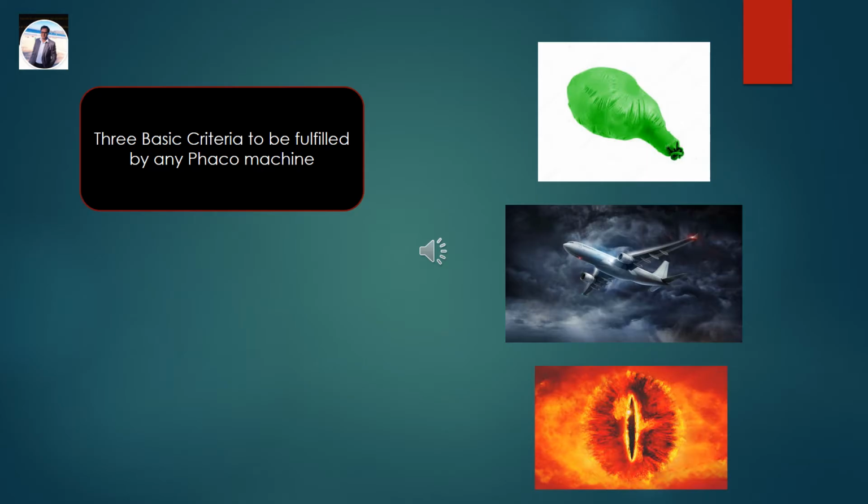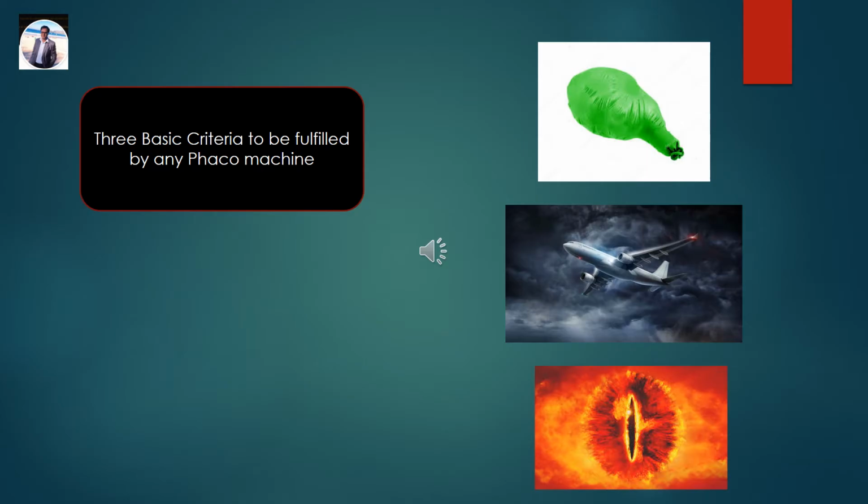A third important principle of phaco, which has to be met by any phaco machine, is that it should be very gentle on the incision. It should be very gentle on the cornea. The ultrasonic vibration of the tip should not lead to a heat buildup or thermal energy buildup at the incision site, because that will lead to a wound burn.